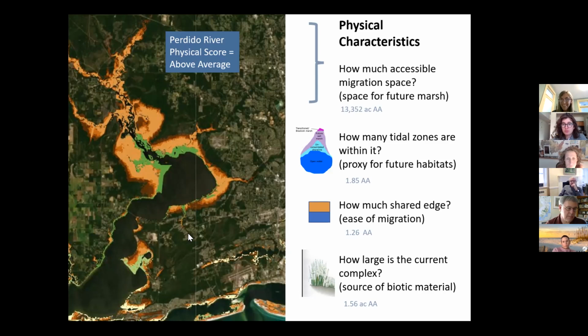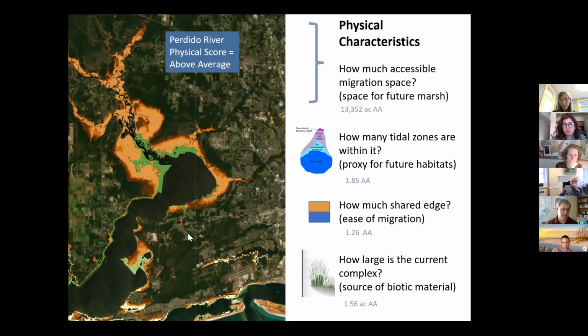We saw in this that the tidal zones, how many tidal zones are within the space, which is a proxy for different habitat types within that space. That score was above average for the space. How much shared edge of existing marsh with the future marsh space? And again, in this instance, we saw that was above average.